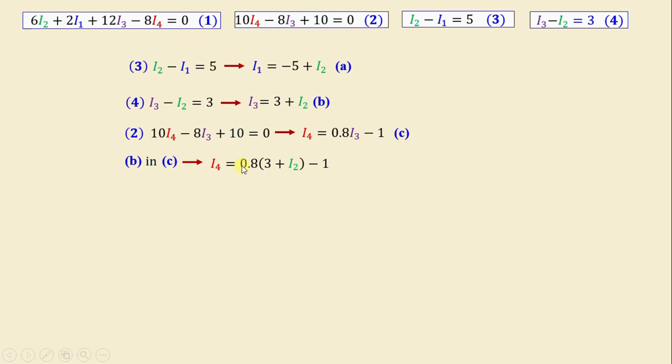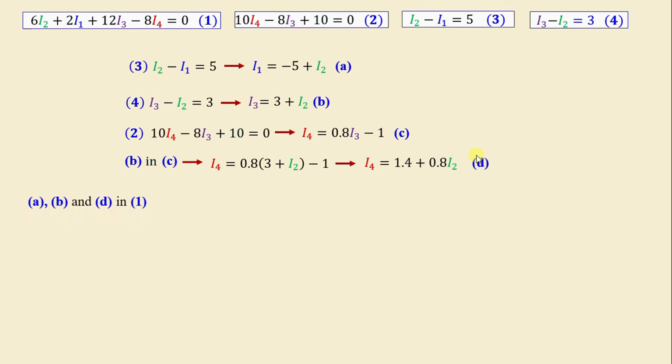I4 is equal to 0.8 multiplied by (3 plus I2) minus 1. If we continue simplifying this, we obtain I4 is equal to 1.4 plus 0.8 I2. Here we also write I4 in terms of I2, and I will call this D.